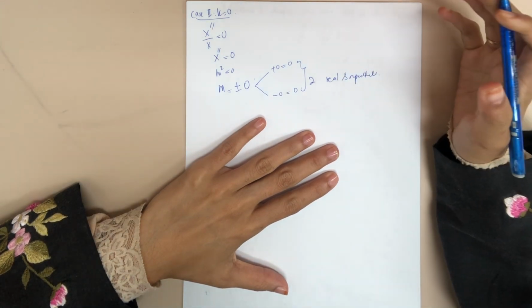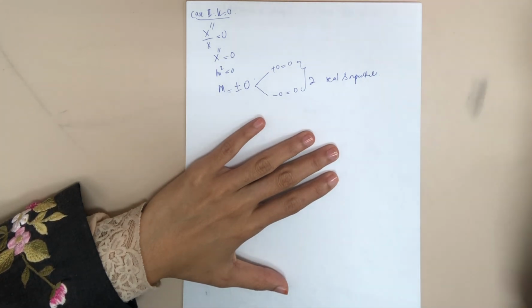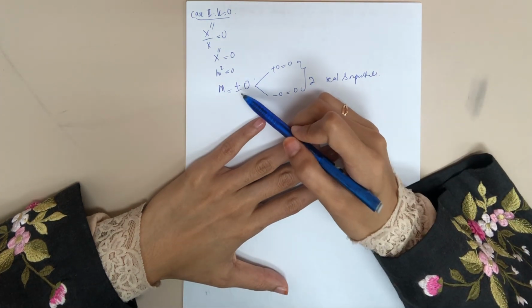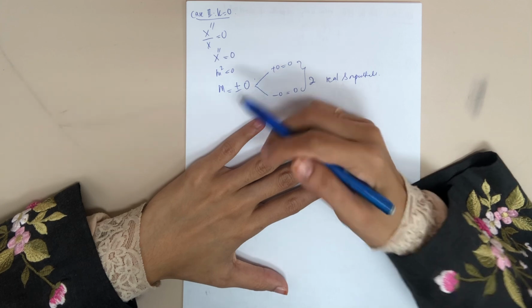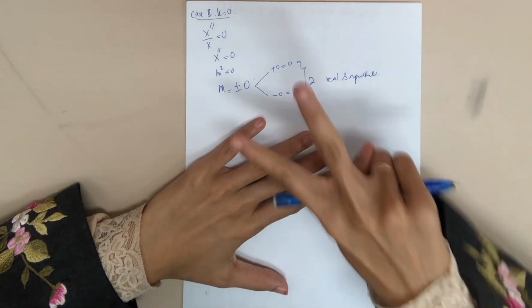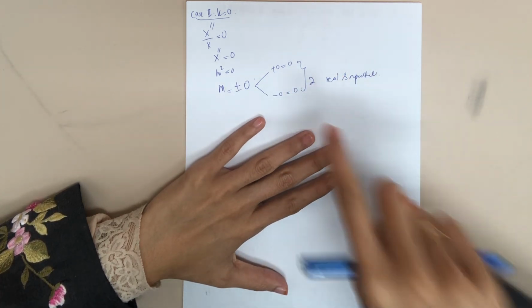Many of you, just like your seniors, consider it as just one, because we know that plus 0 is 0 and negative 0 is also 0, but it's two numbers. It means that it's real and repeated.